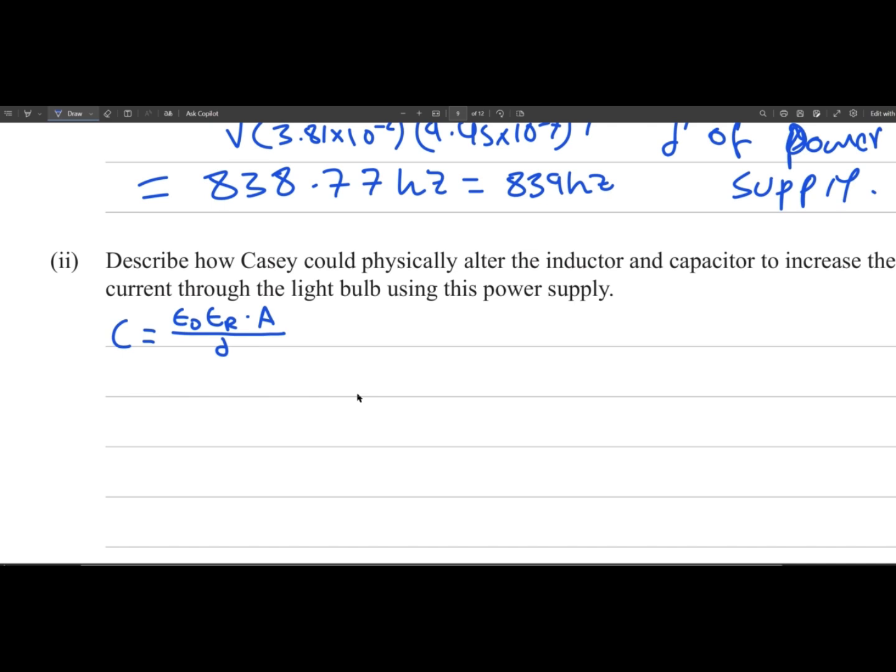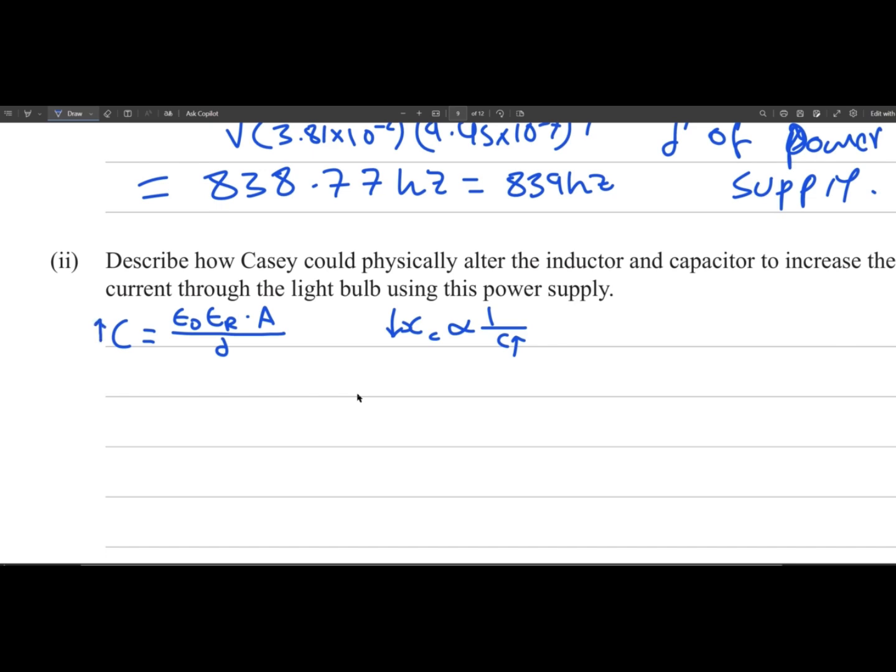We also know that XC is proportional to 1 over C. So if we increase the capacitance, we can effectively decrease the reactance.